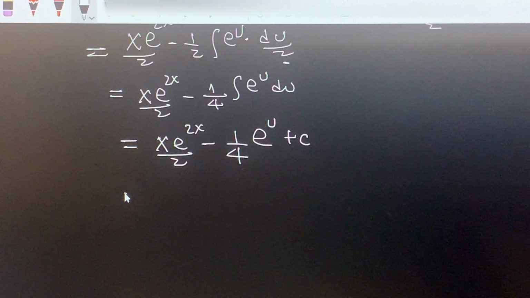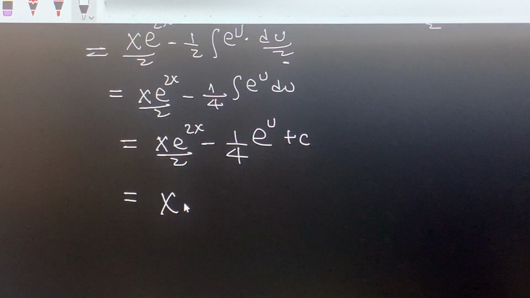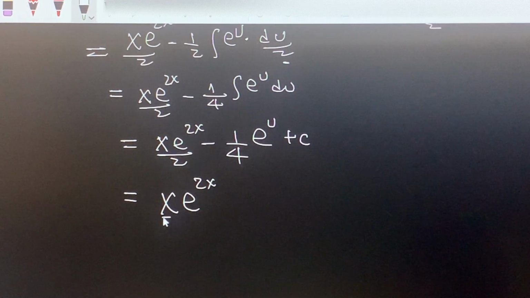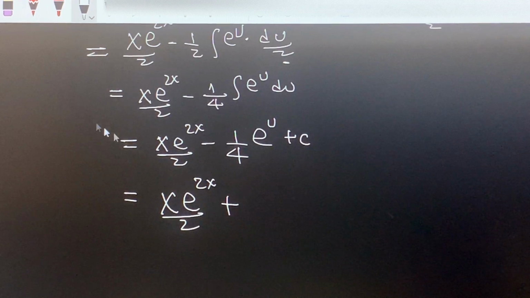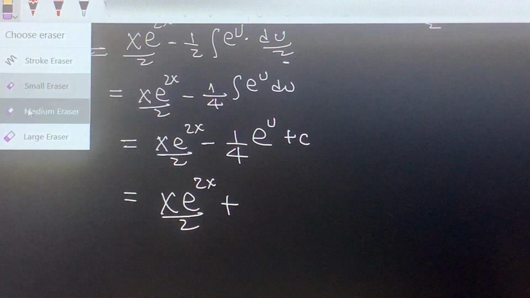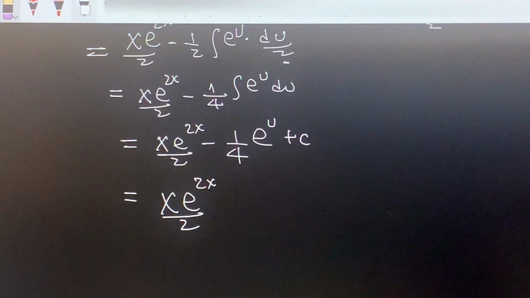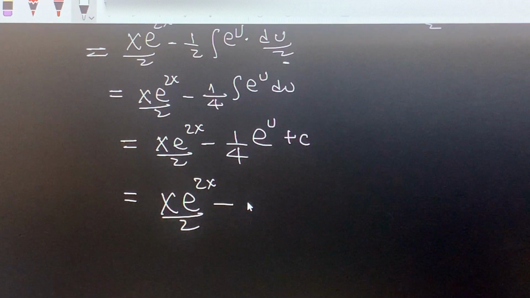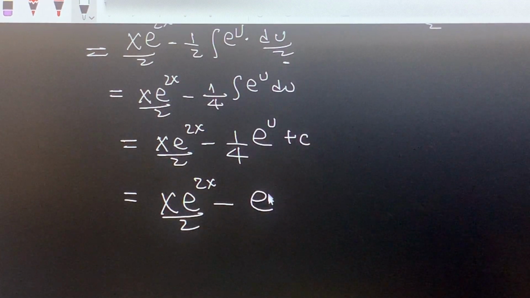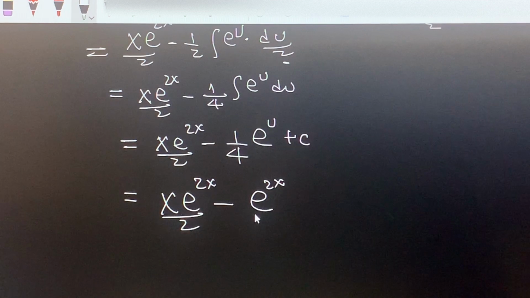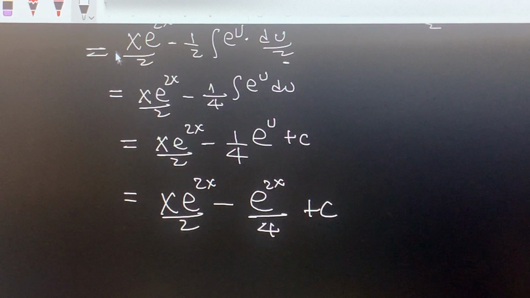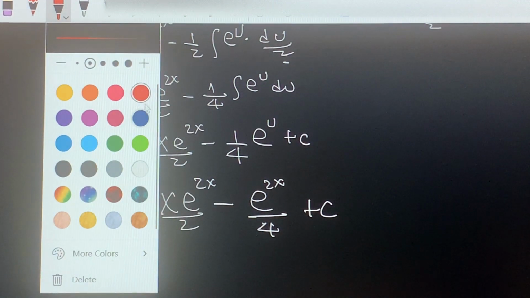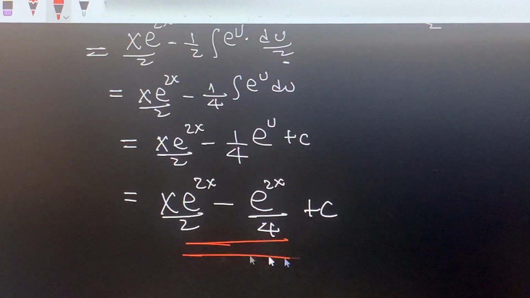By substituting that, I'm going to get x e to the power of 2x over 2 plus, sorry, minus, I'm sorry, that's minus e to the power of 2x over 4 plus some constant. Okay, so this is going to be my final answer.